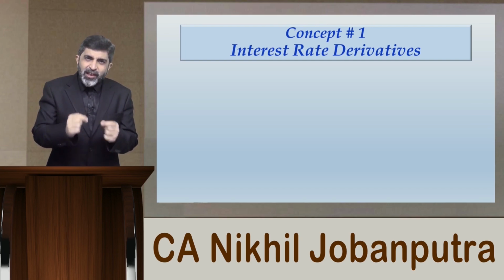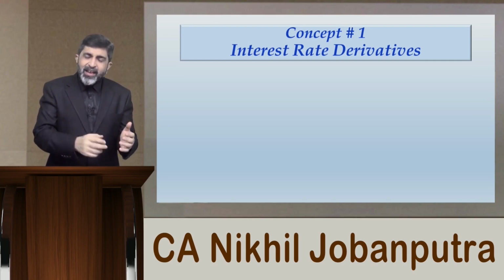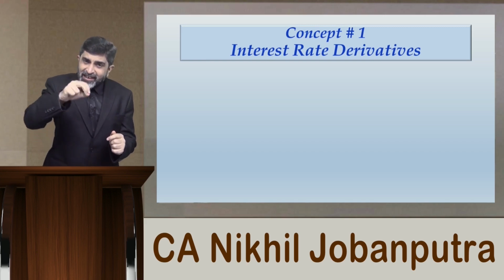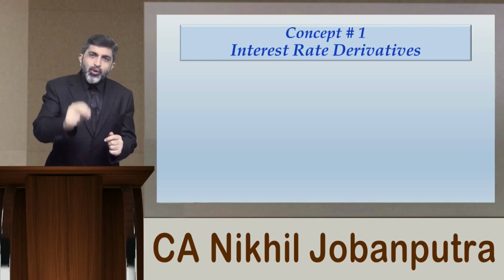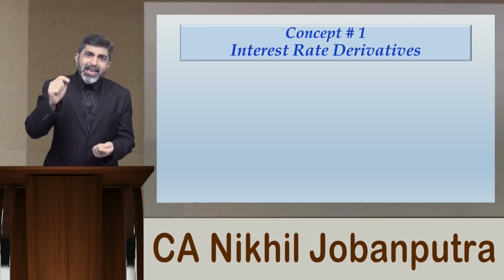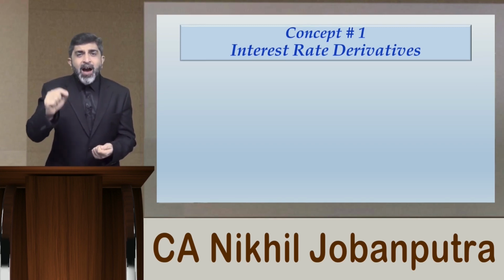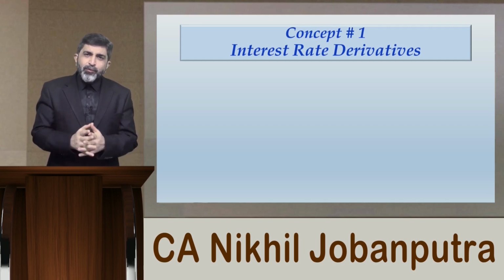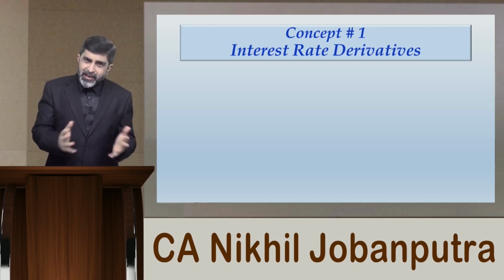Then such a contract is a derivative, and because the underlying over there is an interest rate, it is called interest rate derivative. In fact, to be more specific, I gave you an example of FRA, that is forward rate agreement. So forward rate agreements are the most popular form of interest rate derivatives.